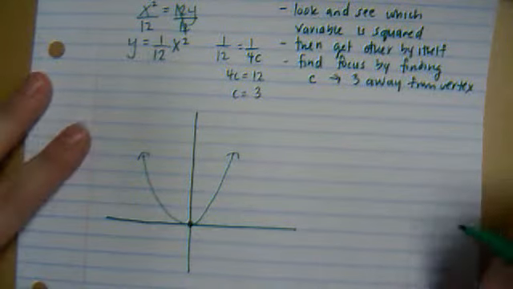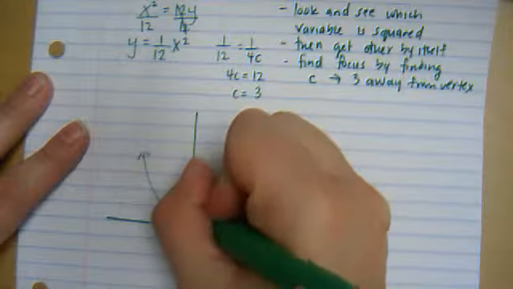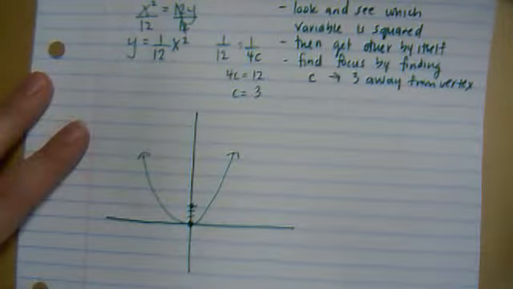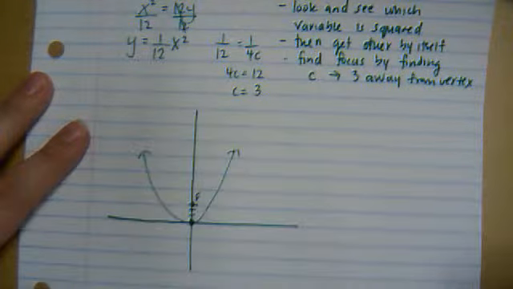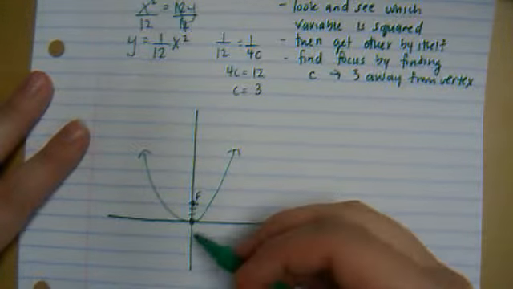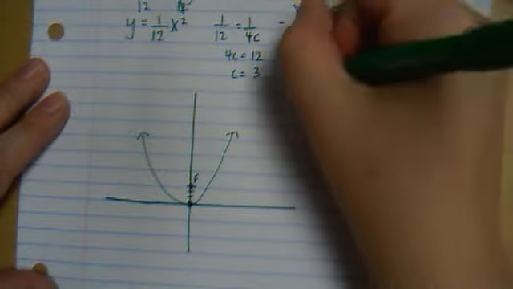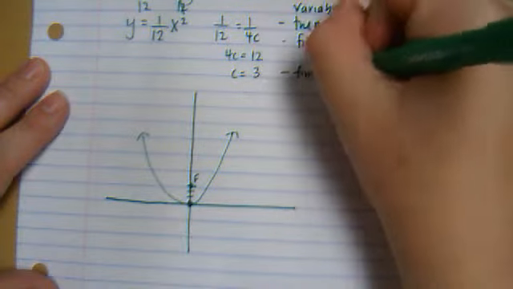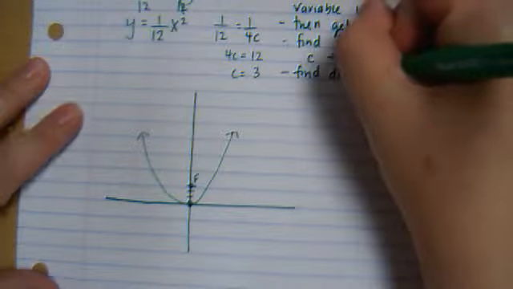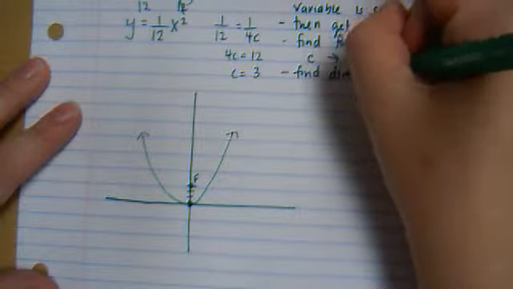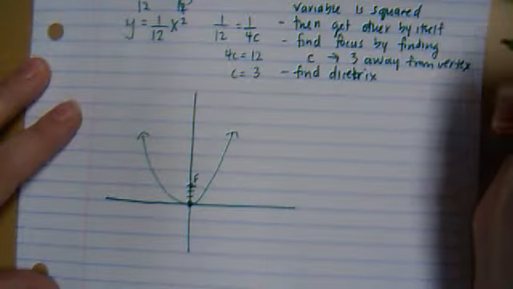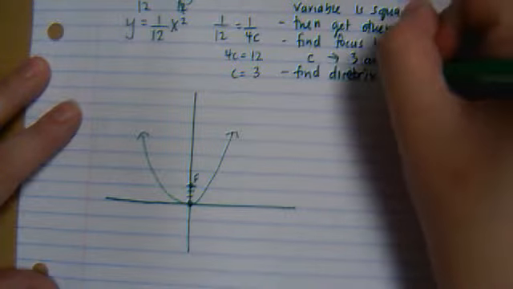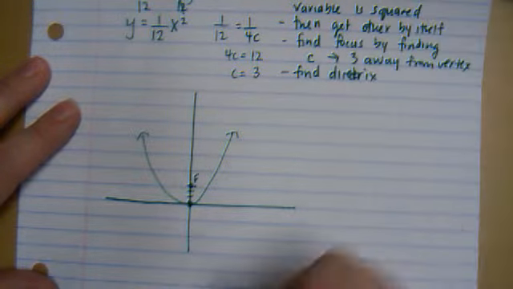Okay, now the focus is 3 away from that vertex. So there's my focus. Okay, your focus should always be inside your parabola. Now the directrix, go 3 the other way, so subtract 3.